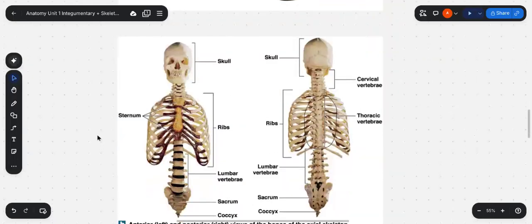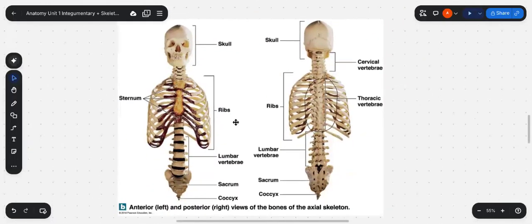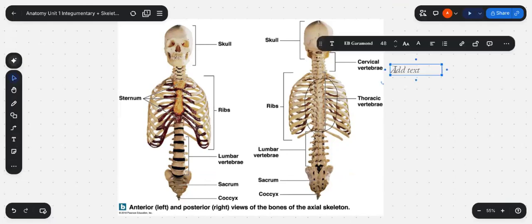And now we're going to move on to your vertebral column. So this picture is really nice because it's kind of already labeled for you a little bit, but I'm just going to teach you a little bit about how many vertebrae are in each section. So you have your cervical vertebrae over here.